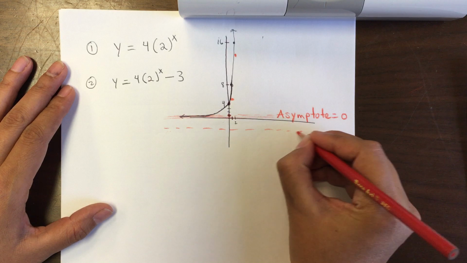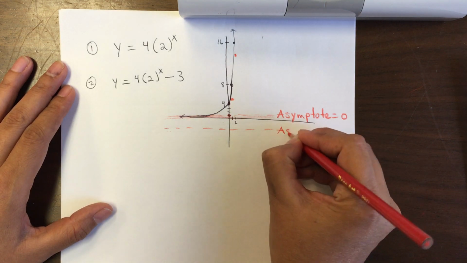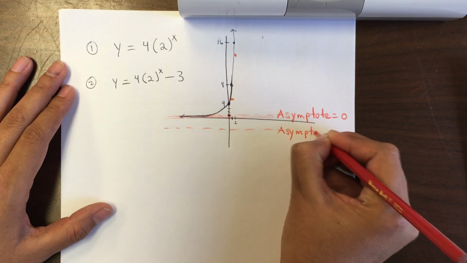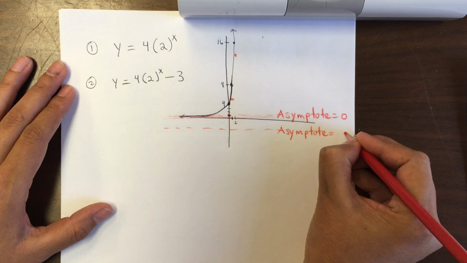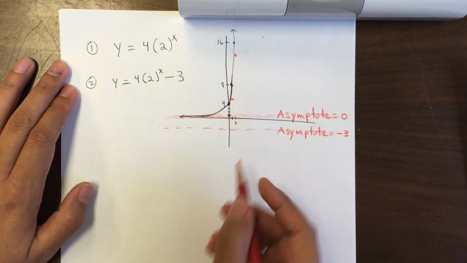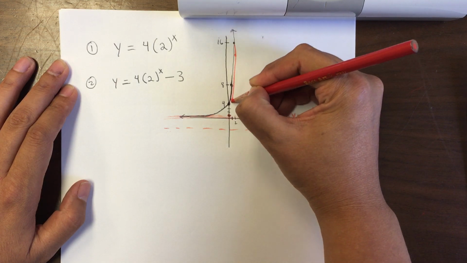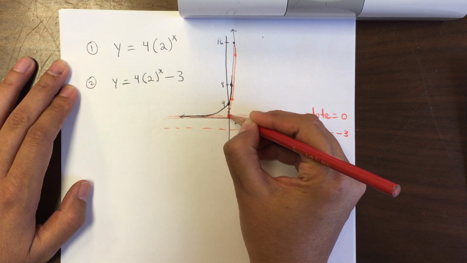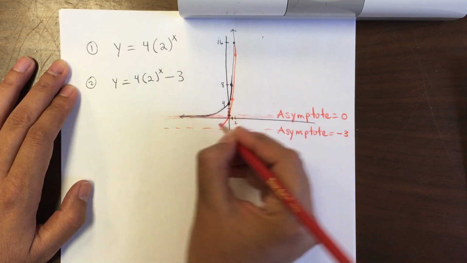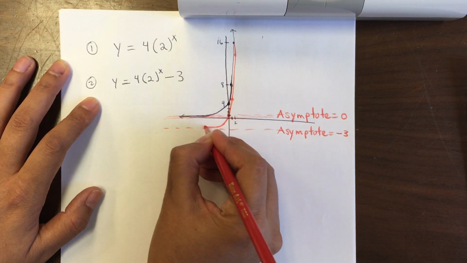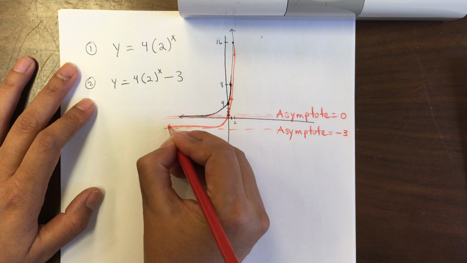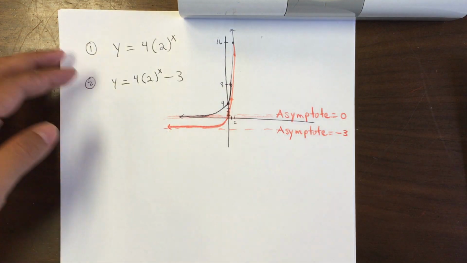So for my new line, the asymptote will be -3. Again, this is going to be my line, and it's going to converge when y is equal to -3.